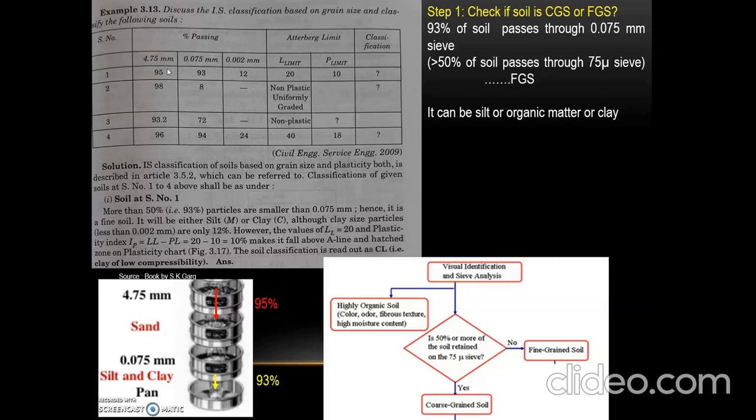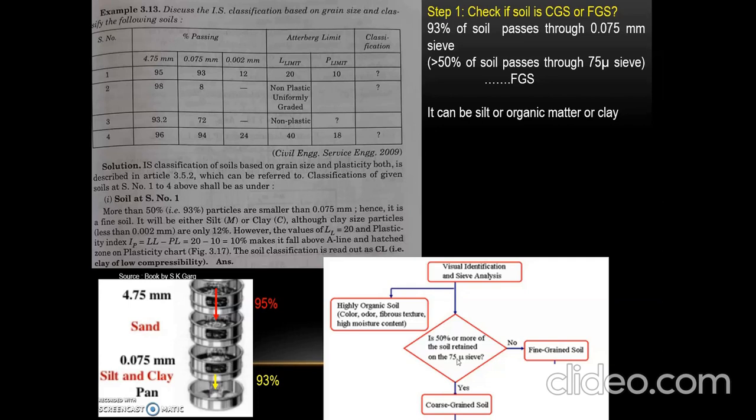Based on the given data, we know that 95% is passing through the 4.75 mm sieve. So here in this figure it is shown 95% passing through 4.75 mm sieve. Out of this 95%, 93% passed through the 0.075 mm sieve. So 95 minus 93, that means only 2% is retained on the 0.075 mm sieve.